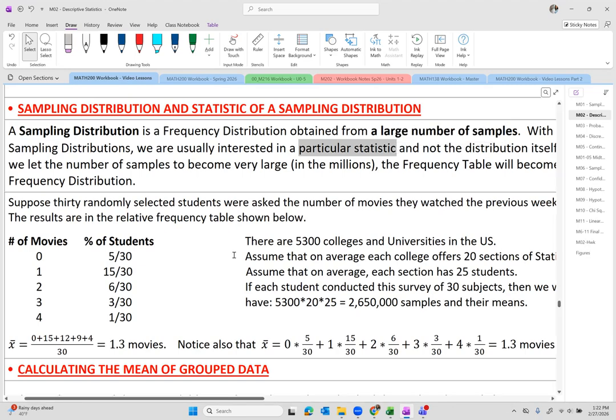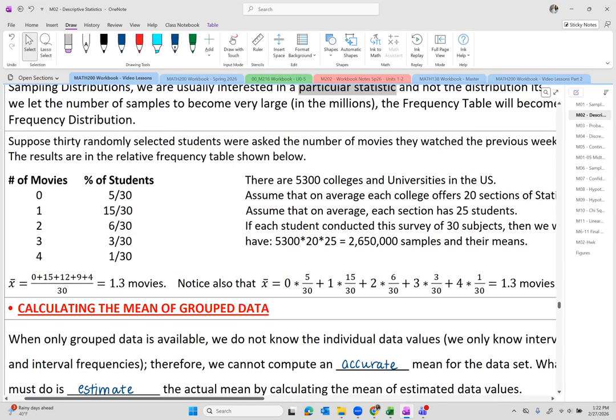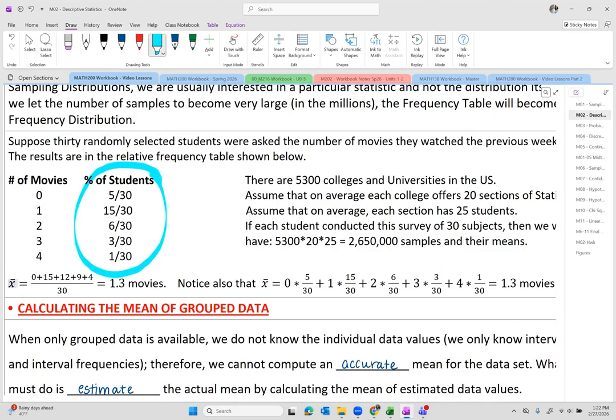So to refresh our memory, the mean of the sample can be calculated in two different ways. One is we can add all the values up and divide by the total. In this particular example, we had 30 students and 5 of them said that they saw 0 movies.